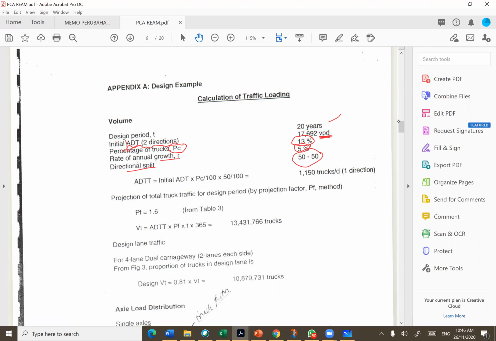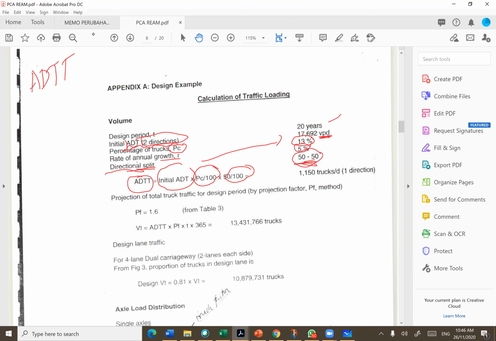So what they calculate first is average daily truck traffic, ADTT, where we have the initial ADT, 17,692, times the percentage of trucks or commercial vehicles, which is 13%, times 50%. 50% because this is for 2 directions; we assume the directional split is 50-50.